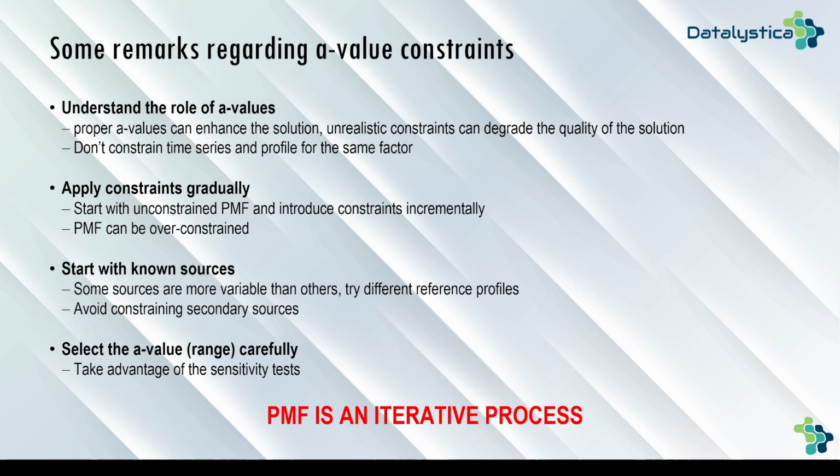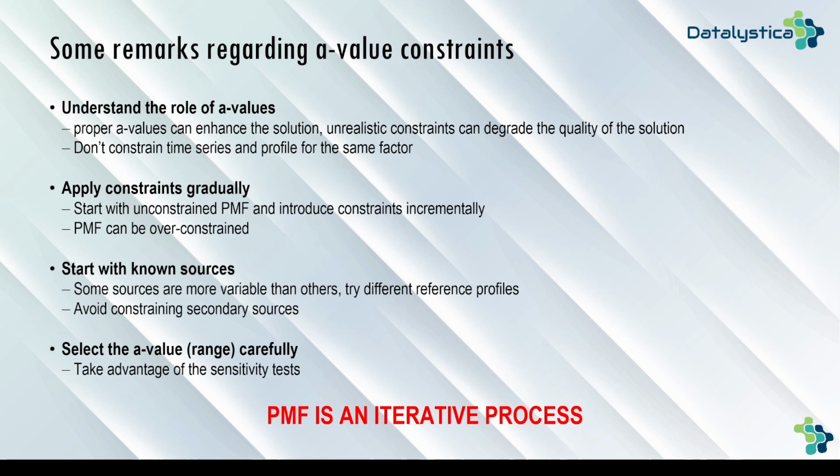Finding a good PMF solution is an exploratory process, even more so when constraints are involved. Too small A values may overly restrict the factor, while too large A values may provide too much freedom, nullifying the constraint's purpose. Take advantage of the sensitivity test in SoFi to get a sense of what is reasonable for your data and adjust it based on the model's output to have an appropriate balance between flexibility and constraints.